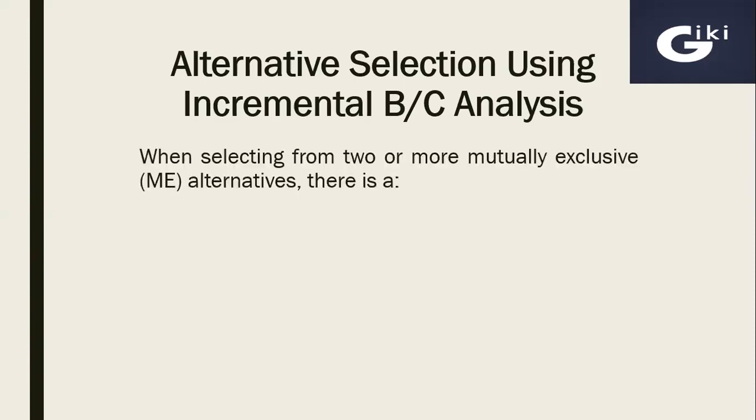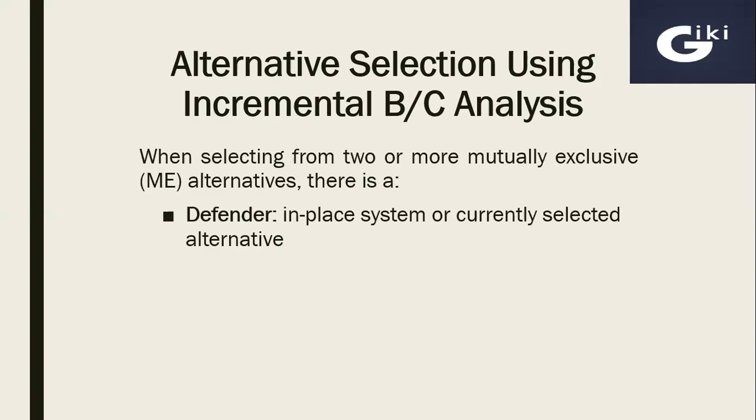I hope so. So when selecting from two or more mutually exclusive alternatives, we have three kinds of options, like we have in rate of return analysis: defender, challenger, and do nothing option. The defender is the in-place system or currently selected alternative, or you can say this is the lowest cost option.